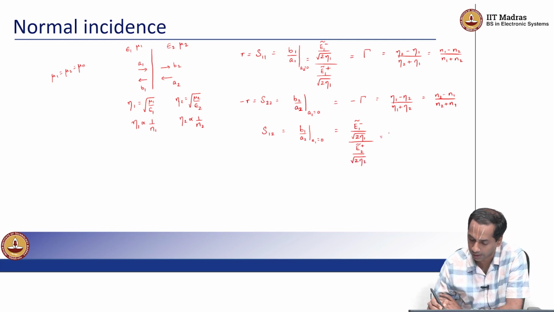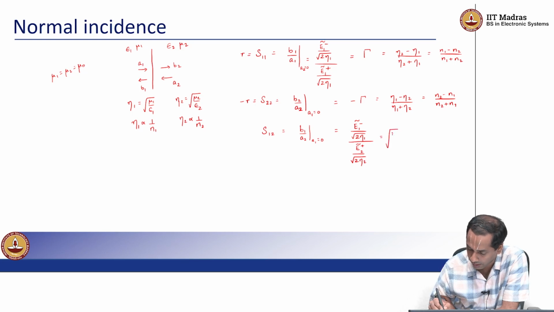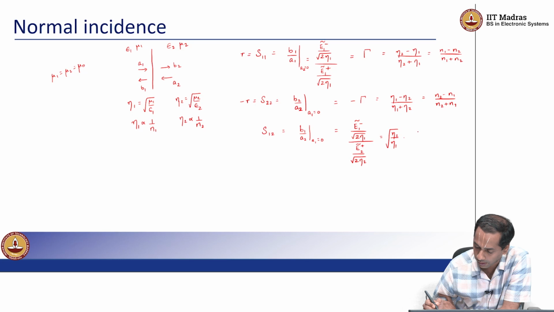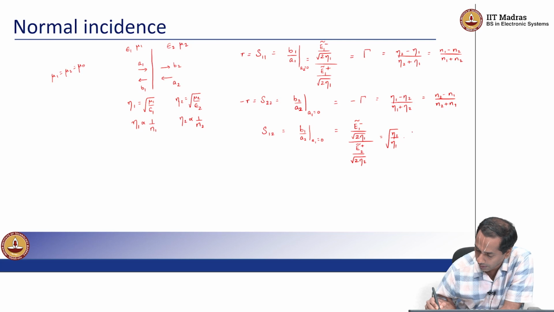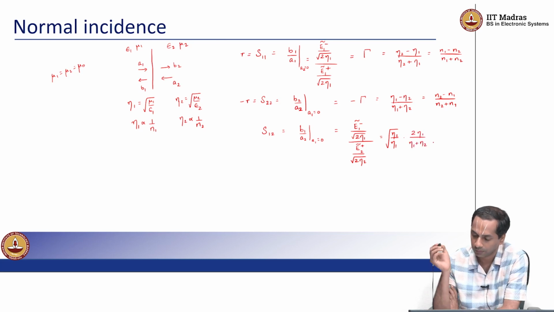So we actually have a square root of eta 2 by eta 1 multiplied by the E1 minus phasor and E2 plus phasor, that's essentially the transmission coefficient, right? So we can say that this is 2 eta 1 divided by eta 1 plus eta 2.